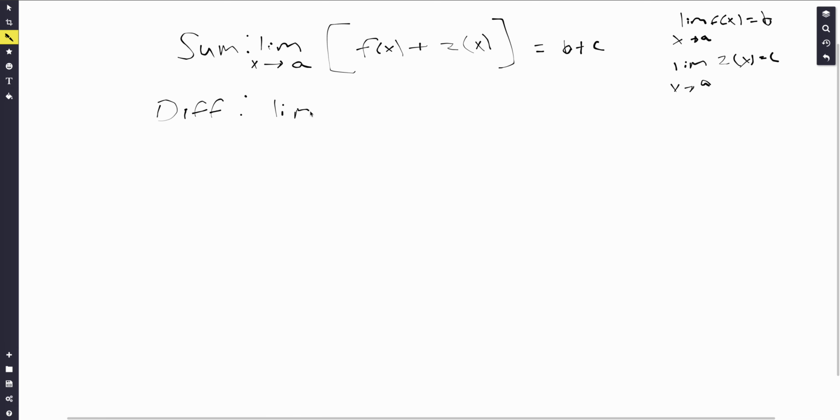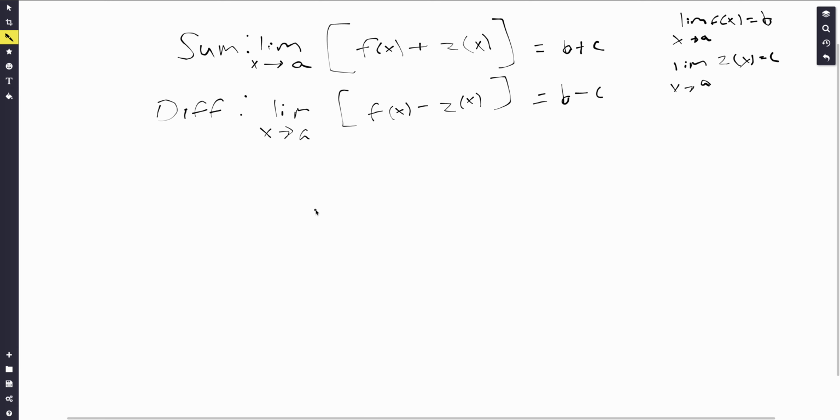So the limit as x approaches a of f of x minus z of x is equal to b minus c. These can be helpful when you have larger limits that you may need to solve for with different functions in them.